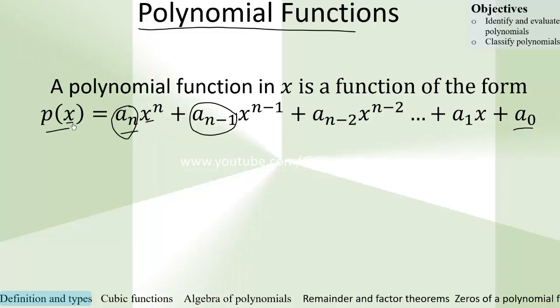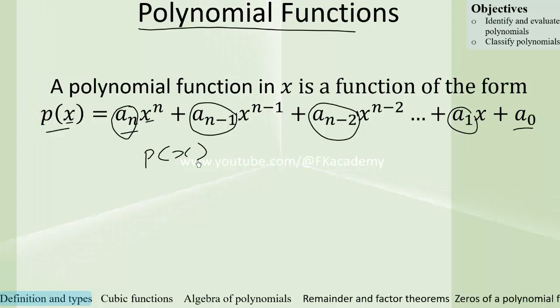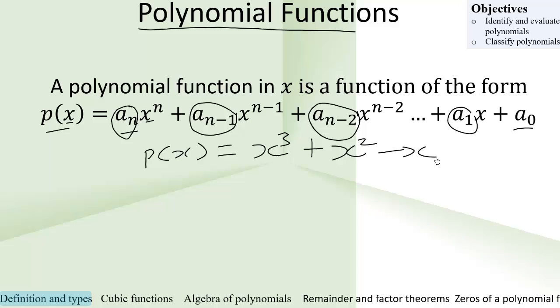The variable is what you're seeing here. So all these ones are constant coefficients, and these constant coefficients can be 0. So for instance, we can have p of x equals x cubed plus x squared minus x plus 1.